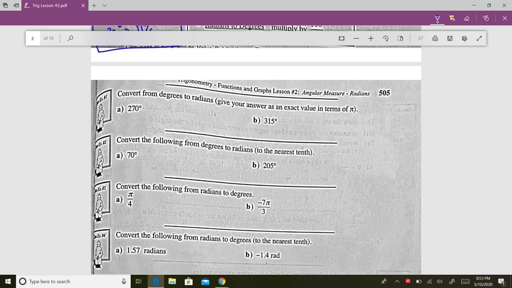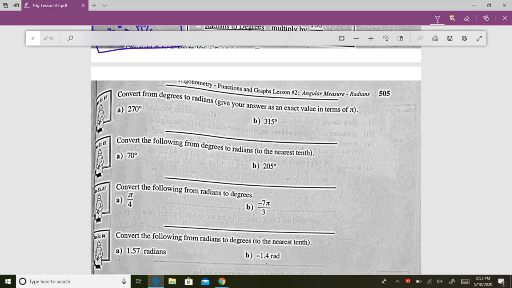Convert from degrees to radians, give your answer as an exact value. Okay, so 270 degrees. When you're converting from degrees to rads, you multiply by pi over 180. So that would give you, I'm going to show this in painfully long ways, but that's okay.